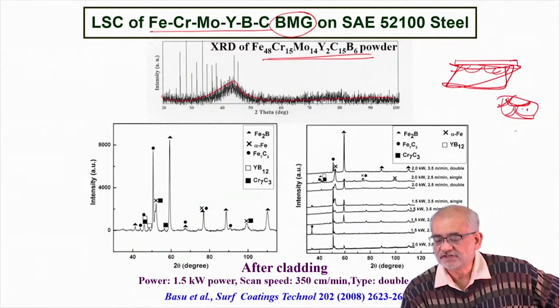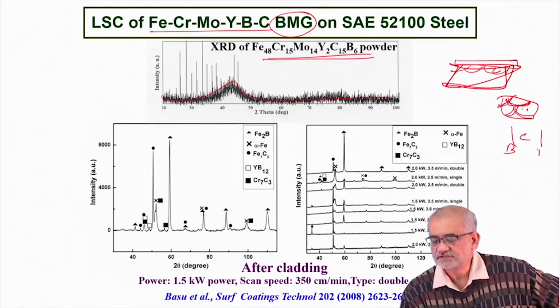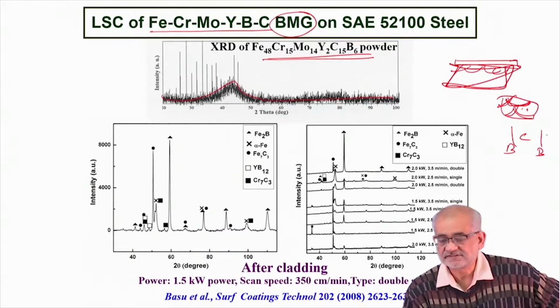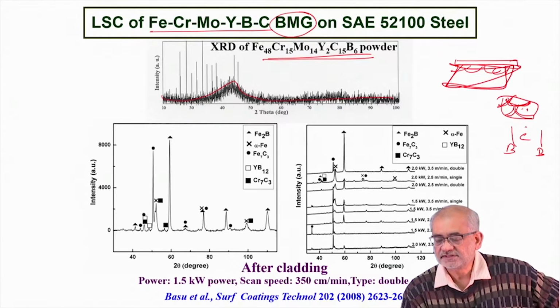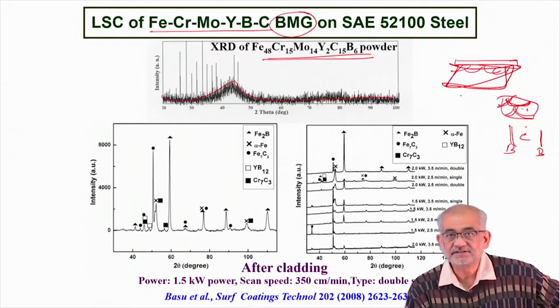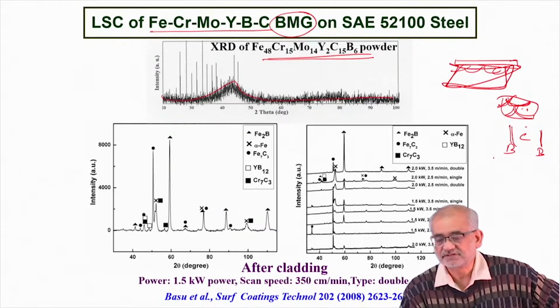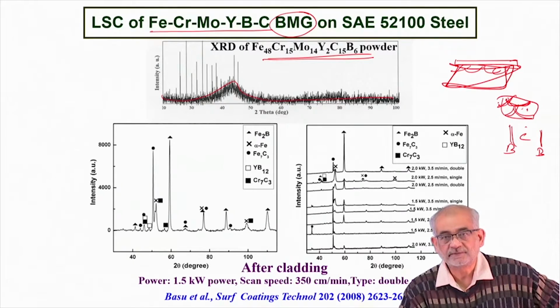So typically, this is the boundary and this is the core, and we always will see a galvanic cell created between the center of the crystal and the surface of the crystal. And this is the reason why steel, for example, or for that matter most polycrystalline metals, are prone to corrosion attack at room temperature.